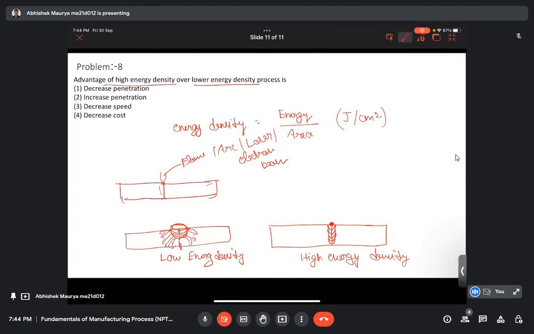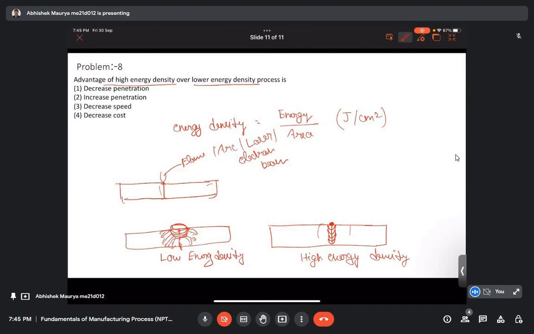the depth of material which is melted is higher in the case of high energy density, and that is our aim. We are not interested in melting the whole surrounding region. We are just interested in melting the material near the joint region.